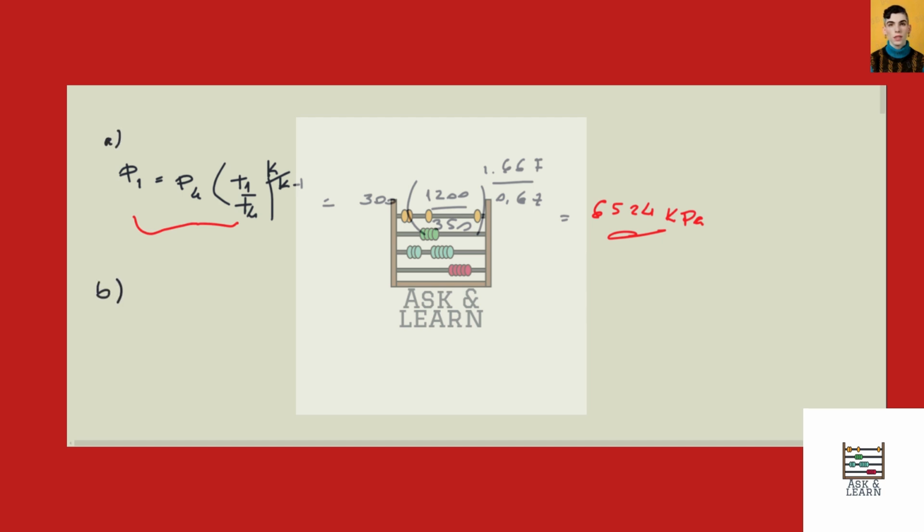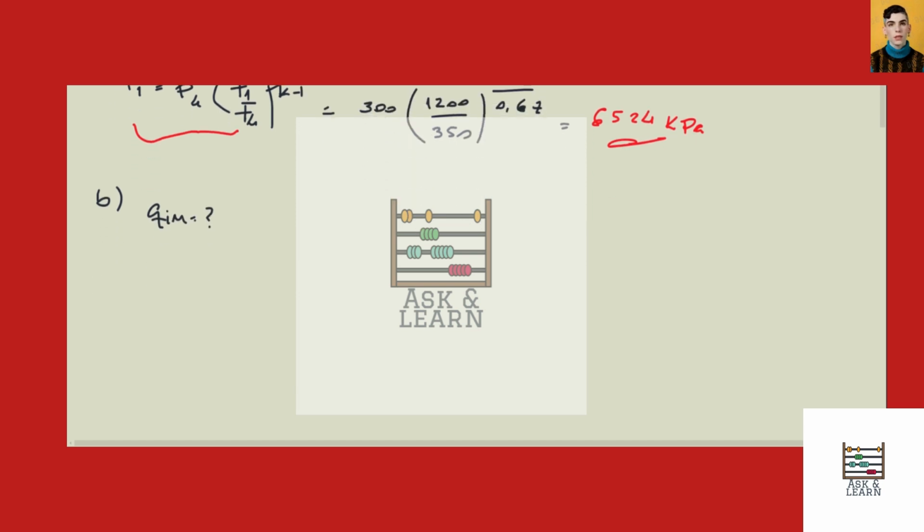We have to find the input heat. And how do we manage to do this? Well, again, we can use the Carnot efficiency. The efficiency of any thermodynamic cycle is described by the net work divided by the input heat. But since this is a Carnot cycle, this needs to be equal also to 1 minus TL over TH.